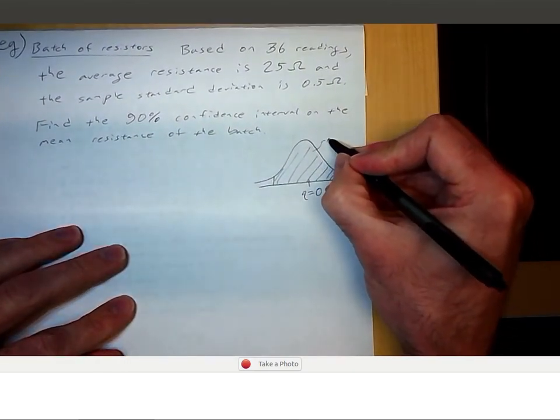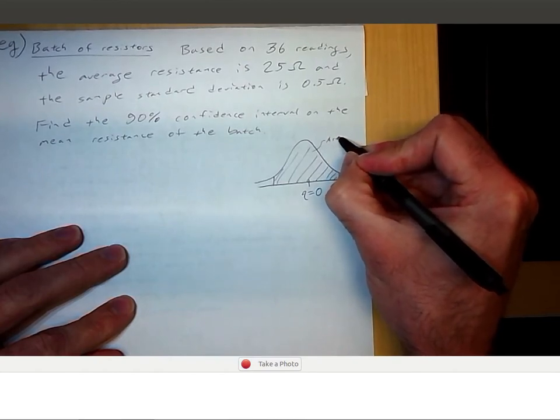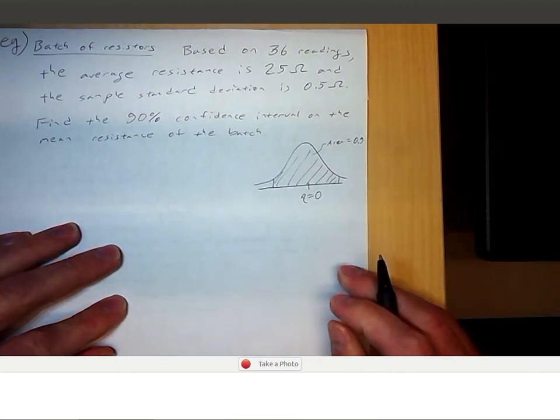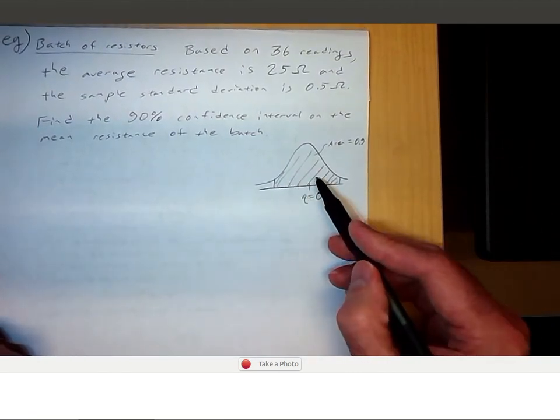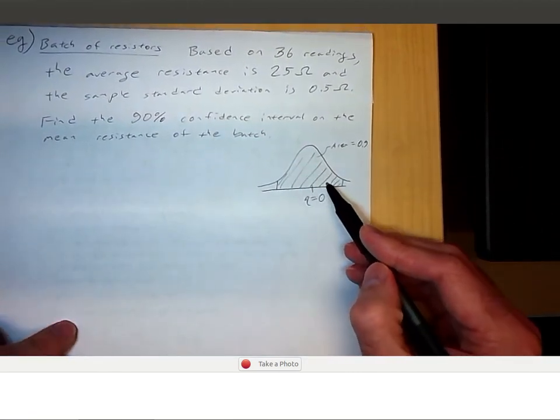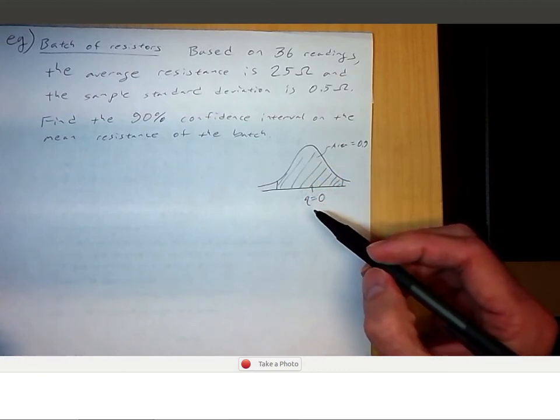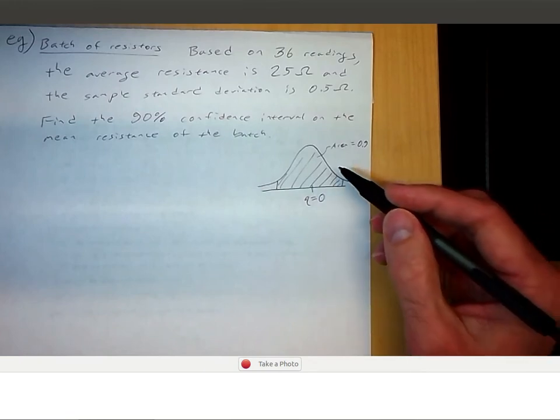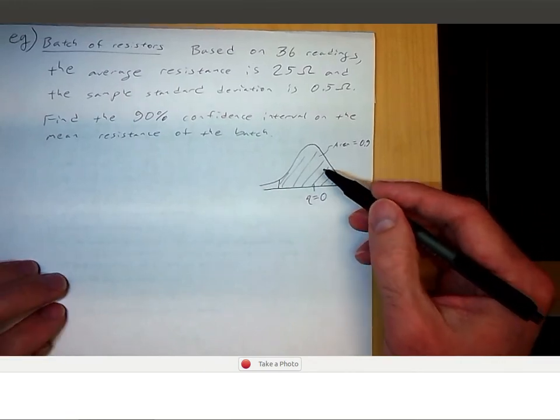And the area here is 0.9. So there's a 90% chance that the values that we're interested in for eta are in, there's a 90% chance of getting the range of values of eta that we're interested in.